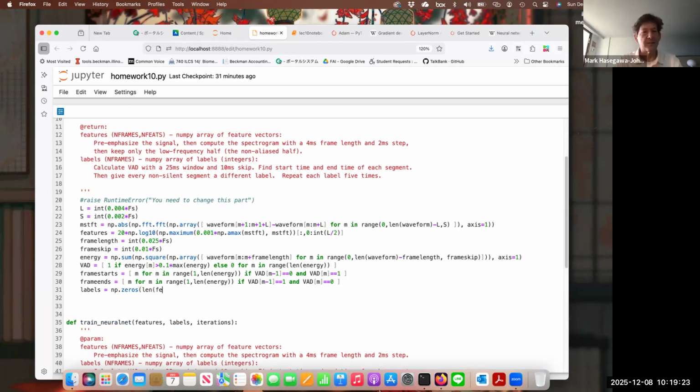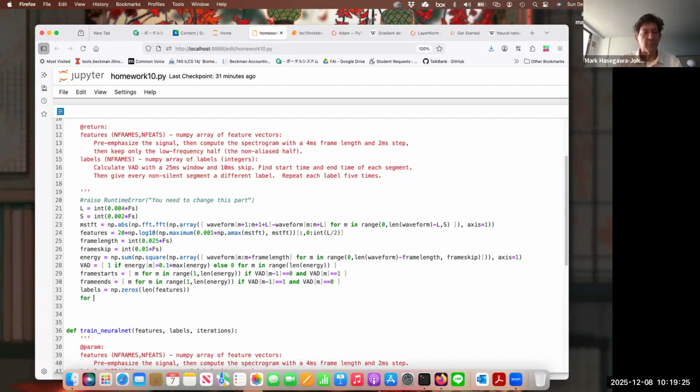And then we'll change them, for label in range from 1 to 6. Actually, let's just explicitly list the labels. We want labels 1, 2, 3, 4, and 5.